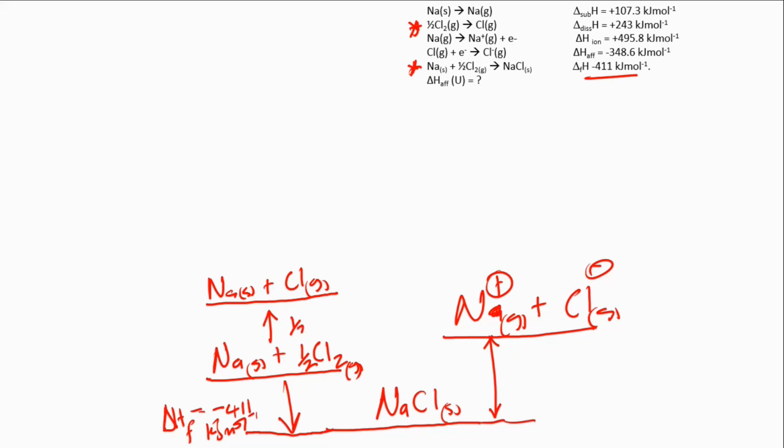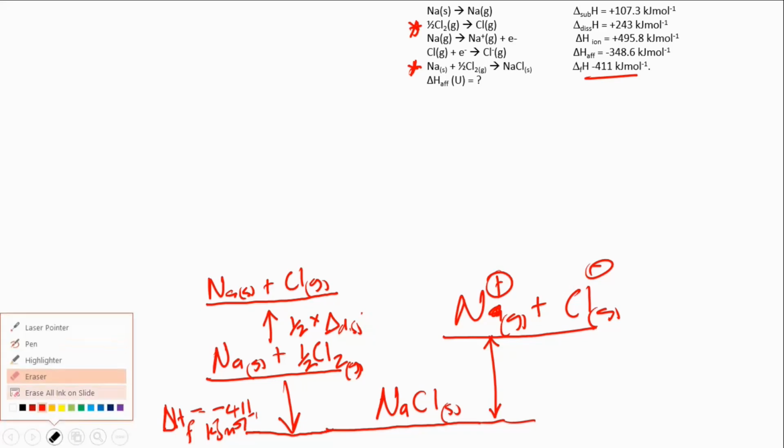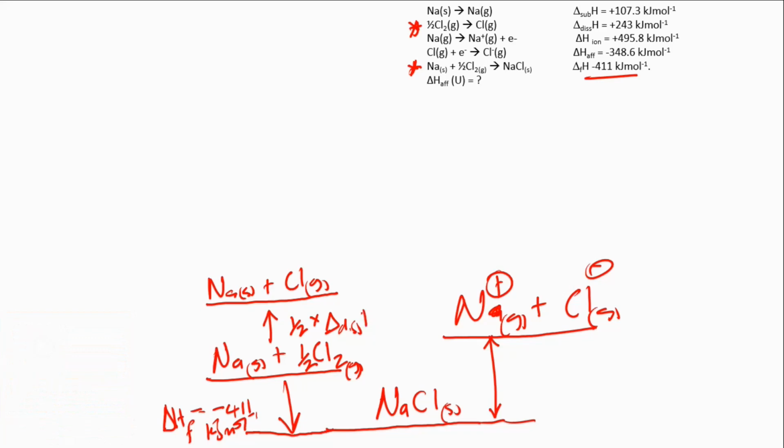So I have to say 0.5, which is a half, times the delta H for dissociation. All right, I'll just put delta H dissociation just so we don't get too messy on the diagram and you can't see. The value is here. We will take up the value when we are ready.